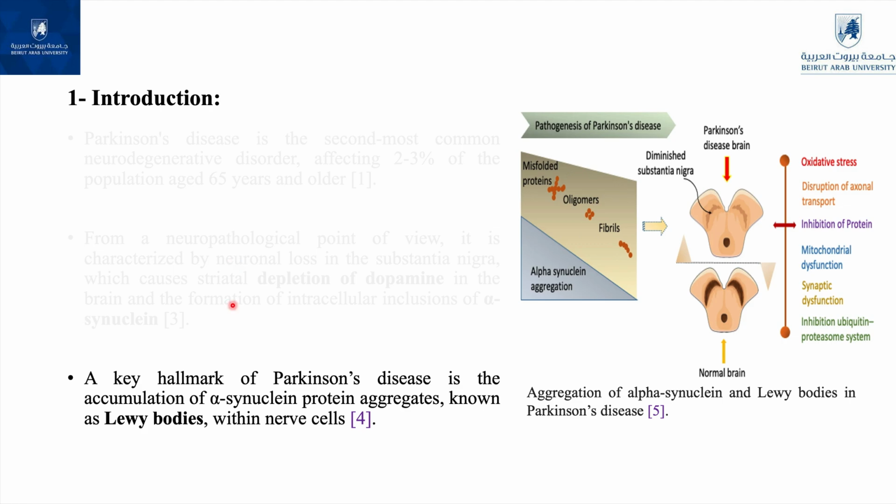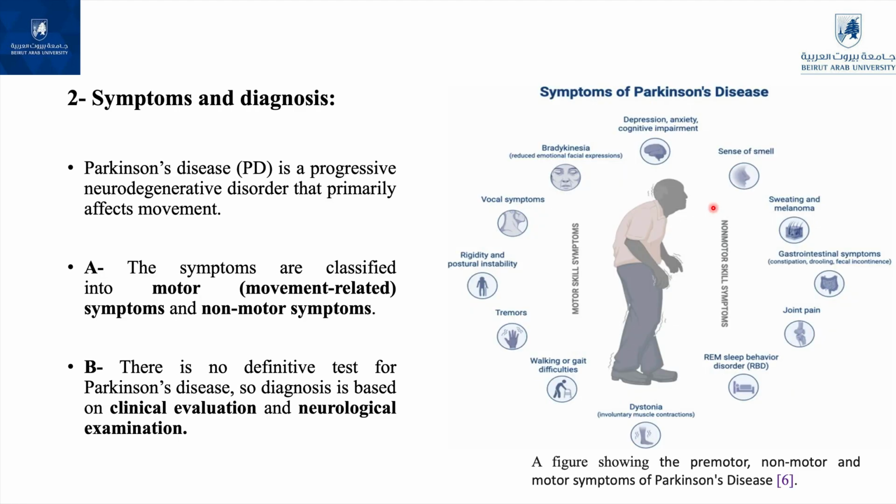Moreover, a key hallmark of Parkinson's disease is the accumulation of the alpha synuclein protein, which is shown here. Here you can see how the alpha synuclein protein is accumulated and aggregated in the neurons of the substantia nigra in this area here. That will lead to their death and then to the dopamine depletion.